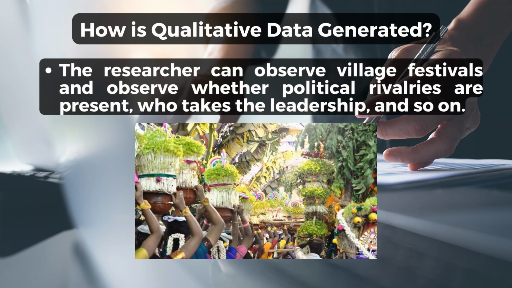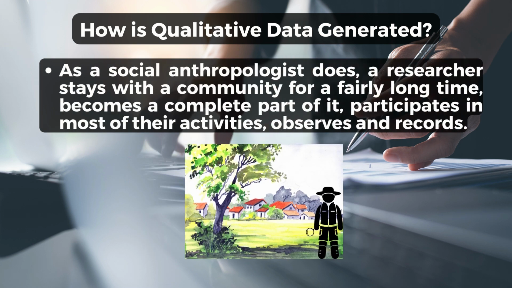The researcher can observe village festivals and observe whether political rivalries are present, who takes leadership, and so on. Or maybe, as a social anthropologist does, a researcher stays with the community for a fairly long time, becomes a complete part of it, participates in most of their activities, observes and then records.